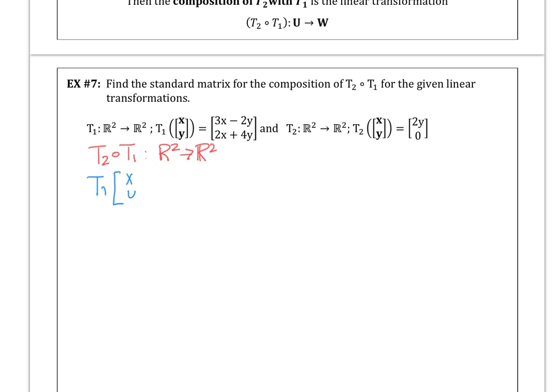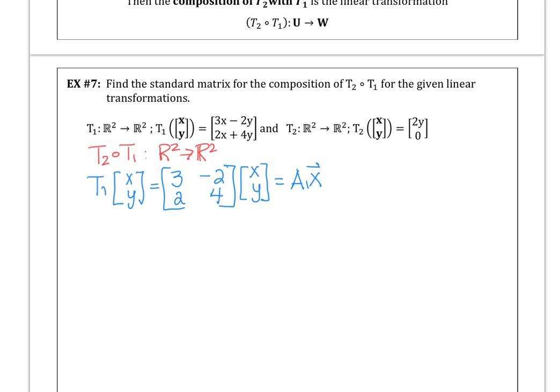So T1 times our (x, y) has to be [3, -2; 2, 4]. See where I'm pulling those values from. [3, -2; 2, 4] times our vector (x, y) is going to give us A1 times some vector x.